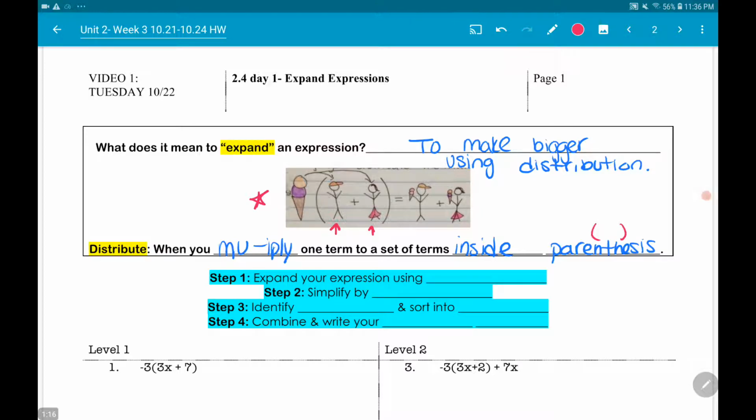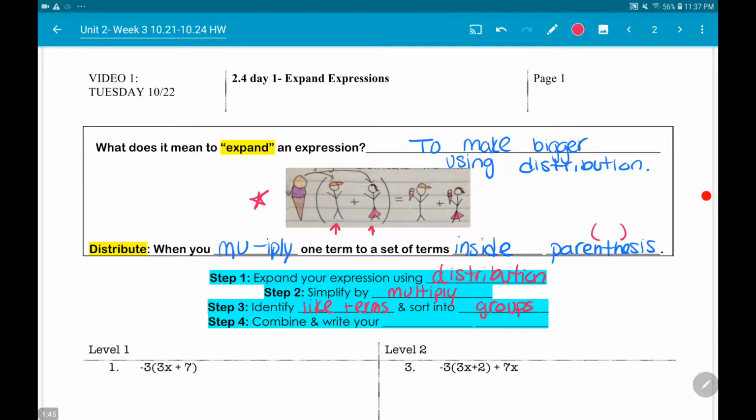So it seems weird. We learned how to simplify last week, so why are we making it bigger? Before we can simplify, we have to expand using distribution. And then we start the simplification process. To simplify, first we need to multiply, and then we need to identify like terms and sort them into groups.